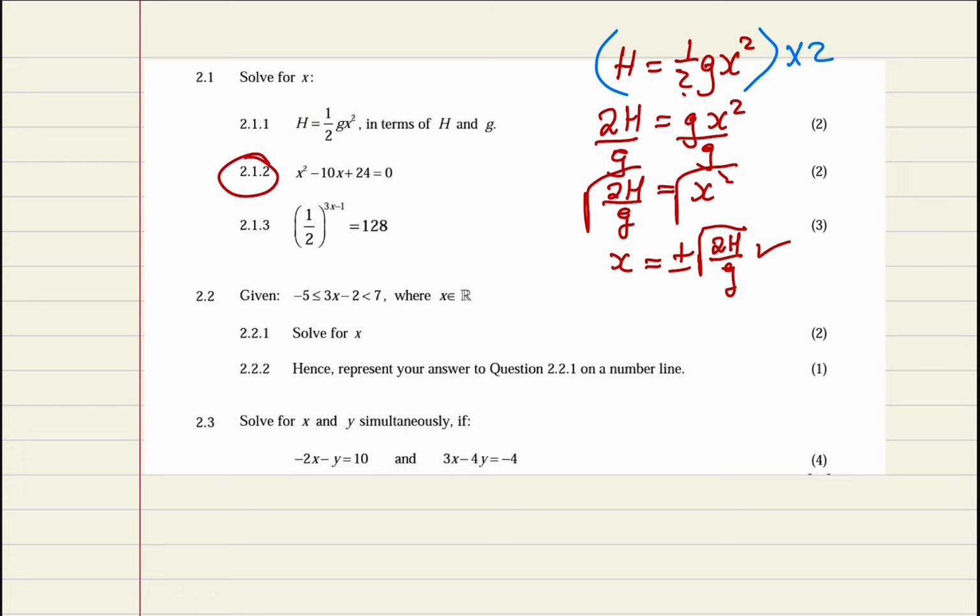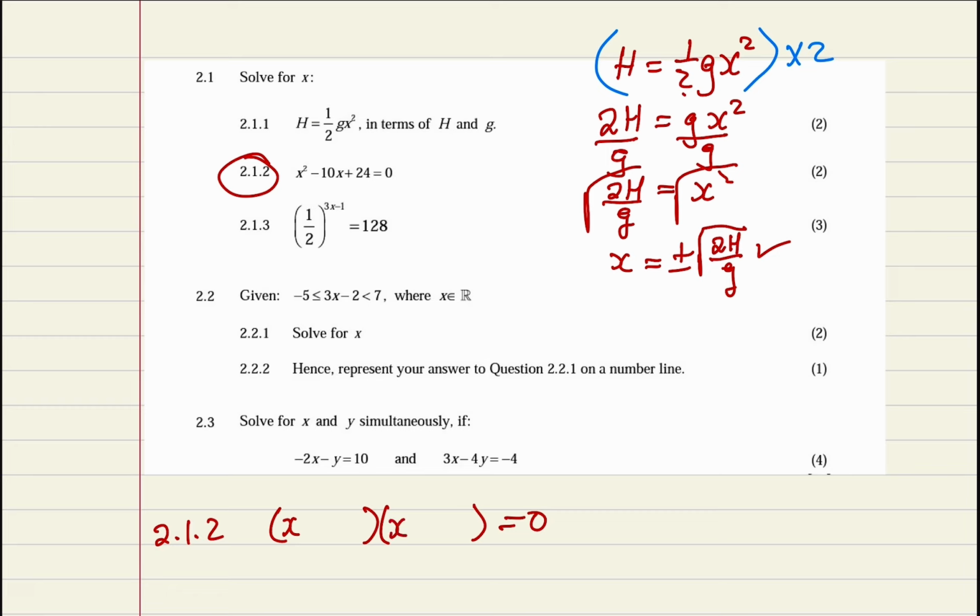Then on number 2, we have to factorize. On this one, I will first open up two sets of brackets, 2.1.2. Then I will have x and x.